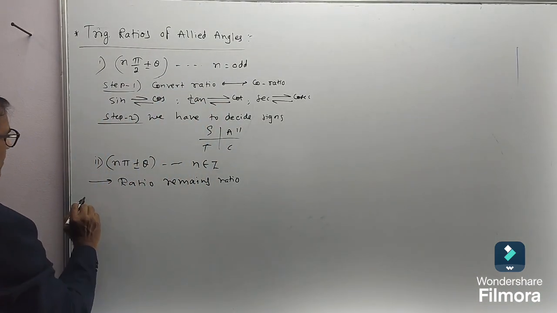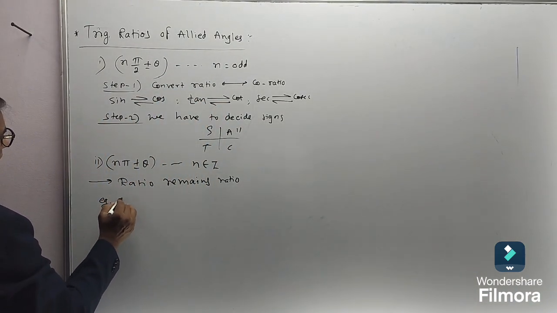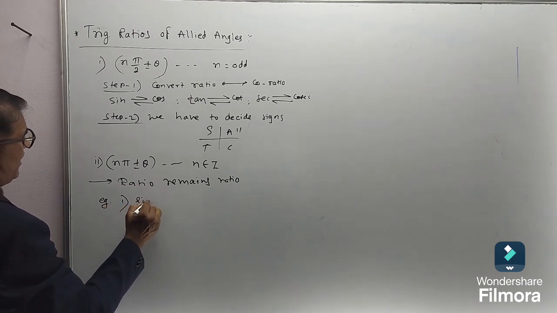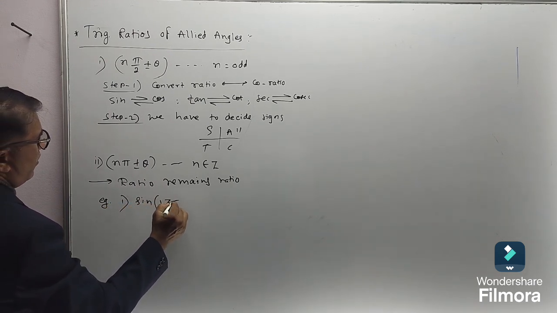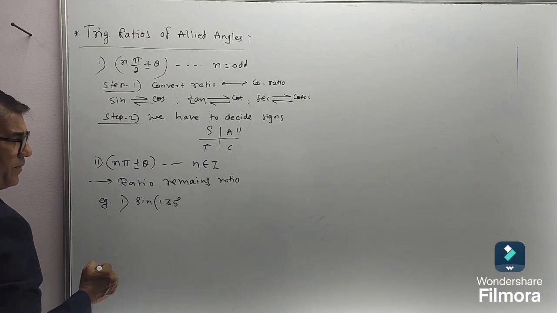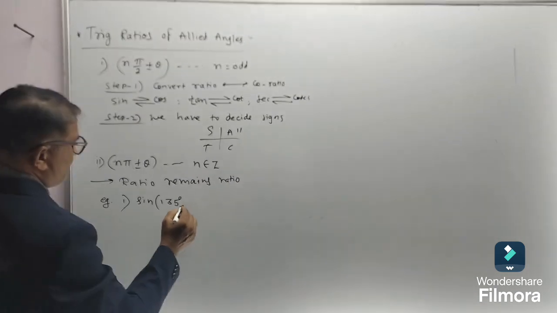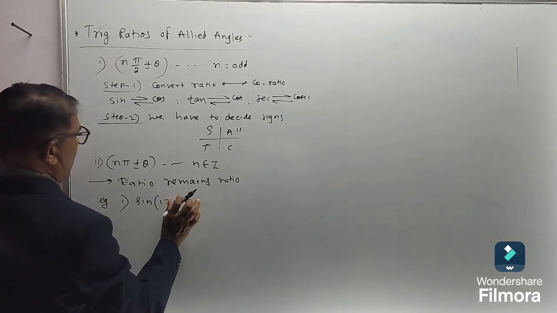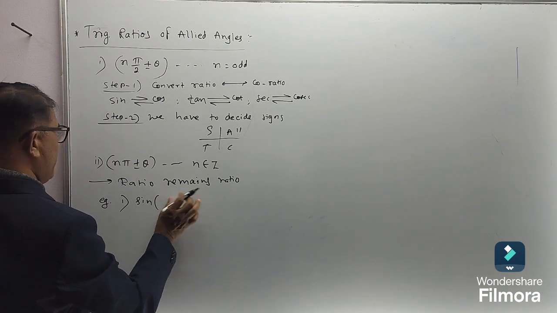For example, let us check it. Sine of 135 degree. Okay, let us check sine of 225 degree.